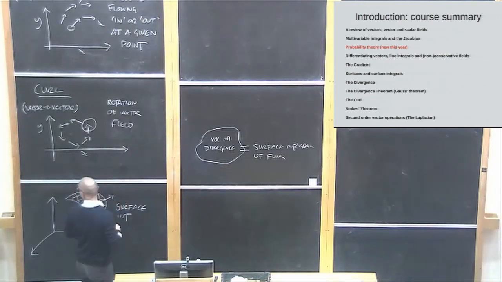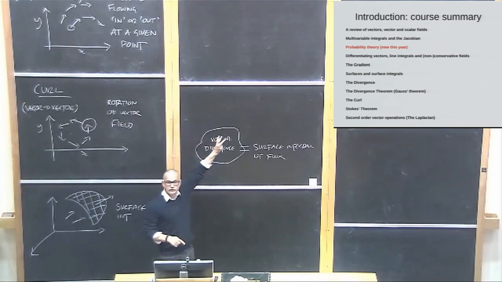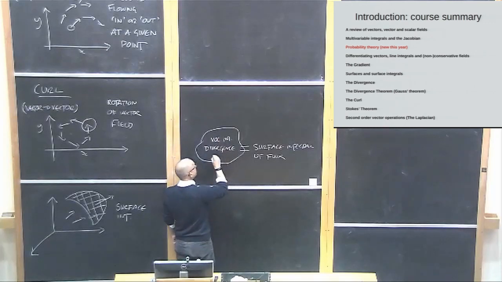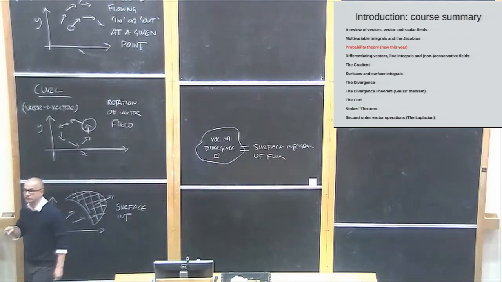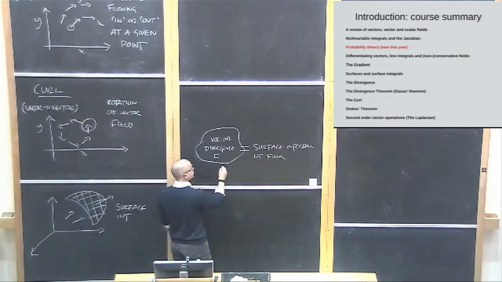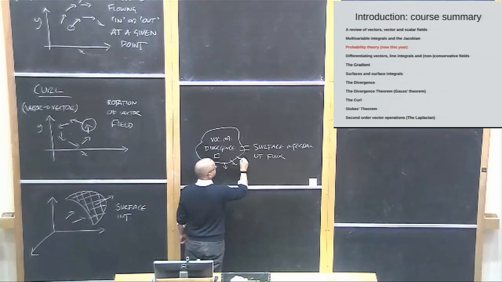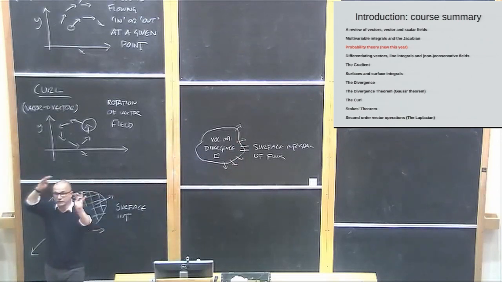So what that means is if I have a three-dimensional surface embedded in a vector field, at each point I am able to measure the divergence. So I can measure the divergence in all my infinitesimally small little volumes, and that tells me how much the vector field is flowing in or out at all those given points. And I can also measure the flux of the vector field integrated over the surface of that three-dimensional shape.